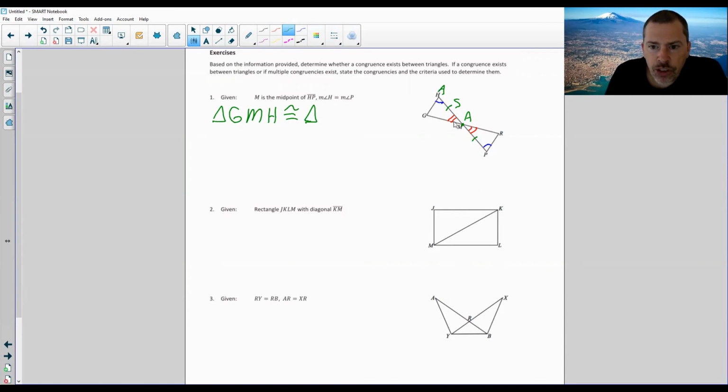So if I started at G and went to M and then to A, which was my congruence, the angle that's congruent to the other triangle has to come last because my H is last. So what's congruent to H? P. So P's got to be last. M is my middle, that doesn't change. And then the other angle is R. So that would be GMH is congruent to RMP.